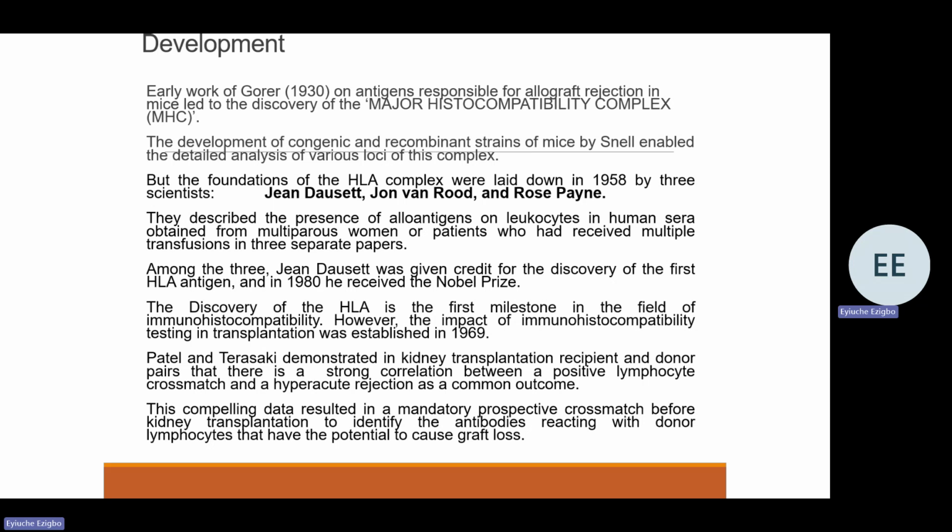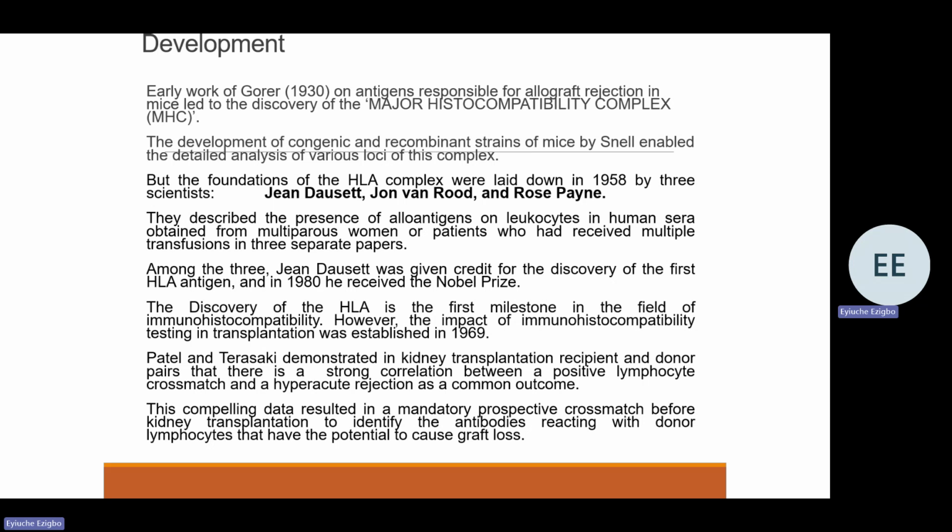But in summary, we try to summarize a few key milestones here, where we have the early work of Gorer on antigens responsible for allograft rejection in mice, which led to the discovery of the major histocompatibility complex. The development of congenic and recombinant strains of mice by Snell enabled the detailed analysis of various loci of this complex.